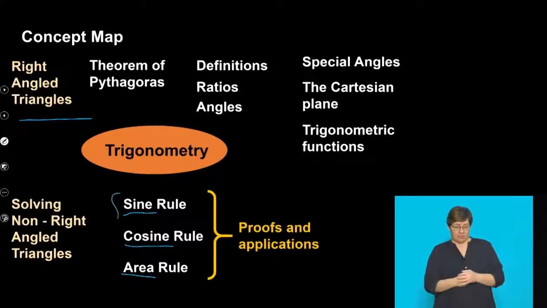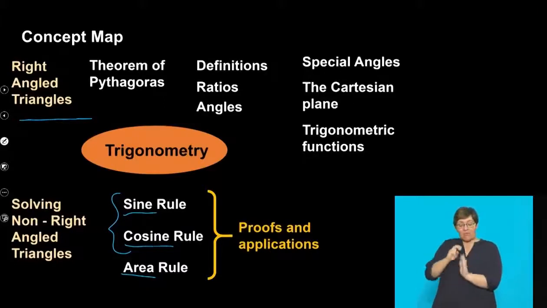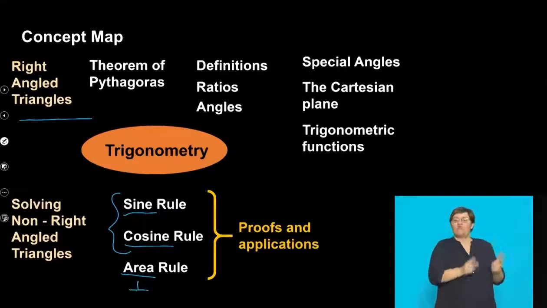The first two rules will help us to find the lengths of sides as well as unknown angles in non-right angle triangles. The area rule will be used to find the area in triangles when we don't have enough information to use our regular half base times height formula.